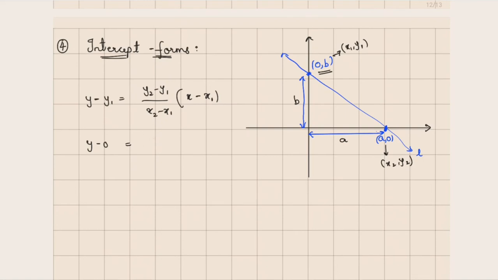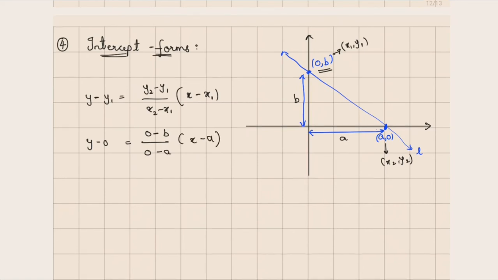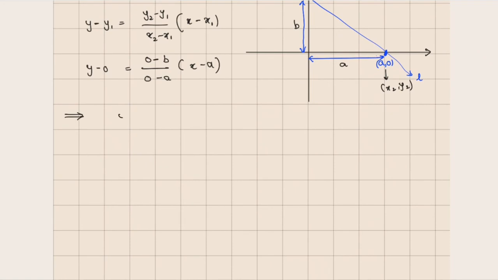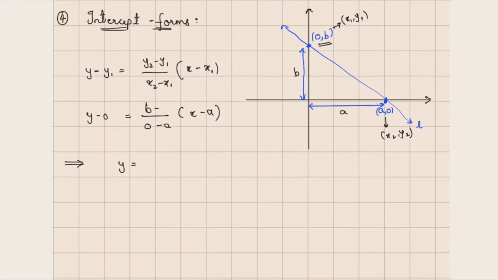So y minus 0 equal to (0 minus b) by (0 minus a) into (x minus a), which gives y equal to, this is b minus 0, y2 is 0, it is 0 minus b, this is y1 minus b, x2 minus x1 is a minus 0, and x minus 0, x1 is 0.